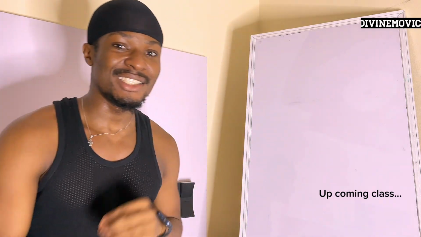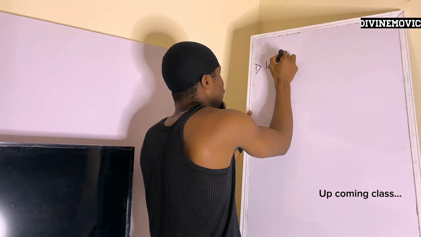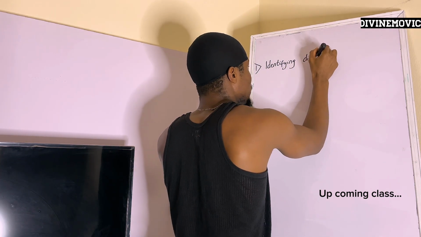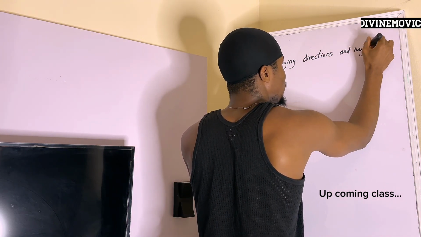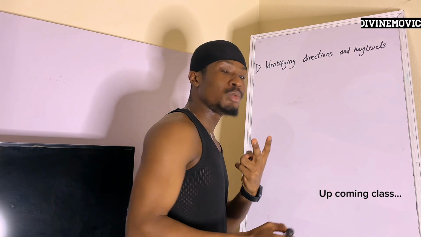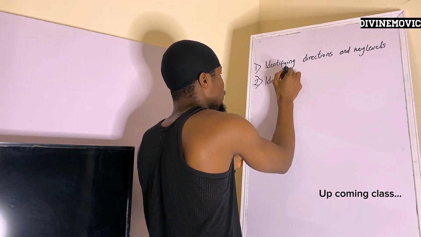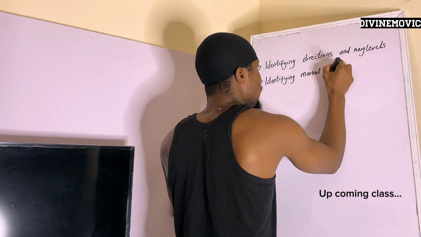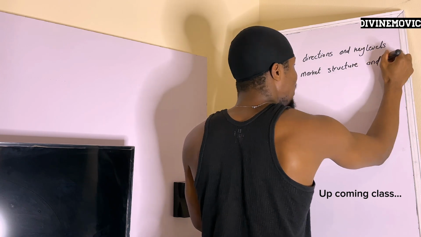Now, I want you to understand that this easy strategy is in 4 steps. The first step is simply, number 1, identifying directions and key levels. Number 2, identifying market structure and supply and demand zones.